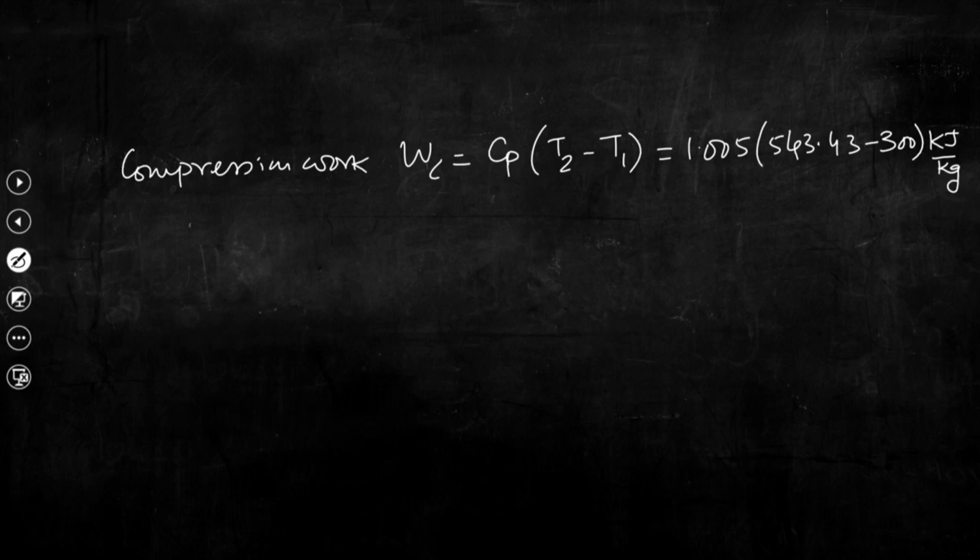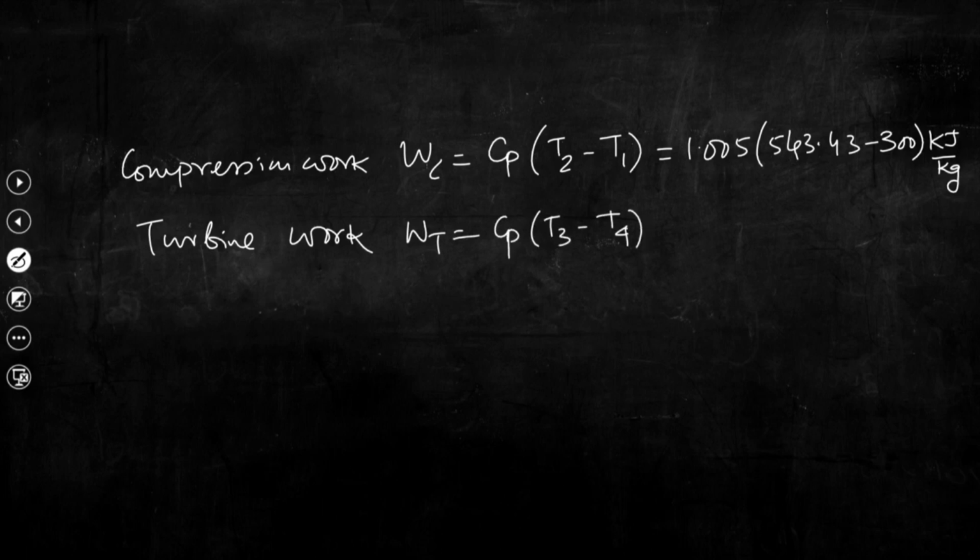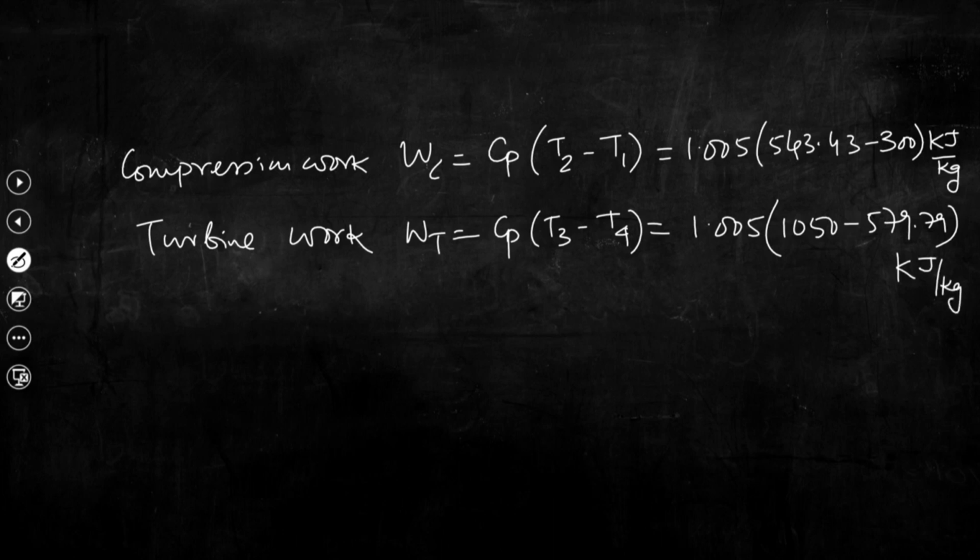And the expansion work or turbine work, Wt, equals Cp into (T3 minus T4), that is 1.005 into (T3 equal to 1050, which is given, minus T4 equal to 579.79), unit again kilojoule per kg.